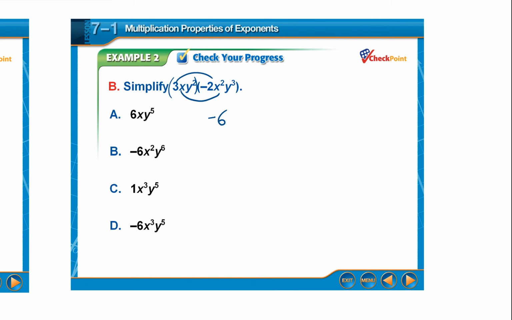Remember, if you just see an x, there's that implied one, x to the first power. So this becomes x to the 1 plus 2, or x cubed. And then y squared times y to the third, y to the fifth. Add your exponents. And going down the list, does D match up? Looks like it. Okay.